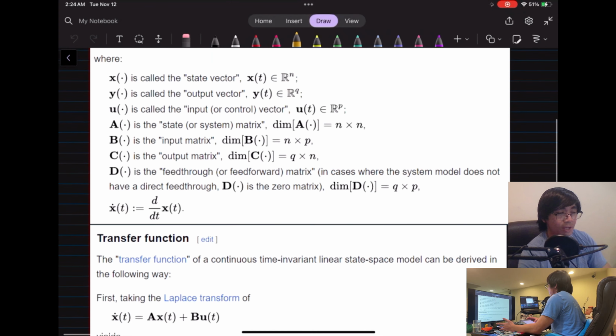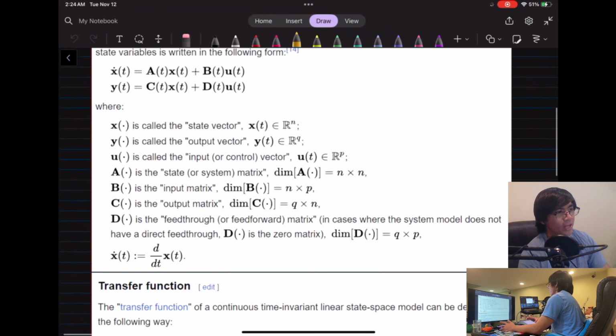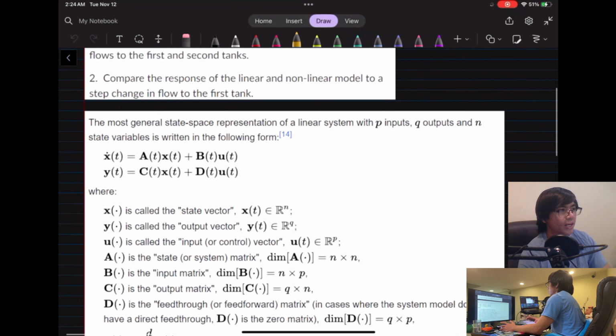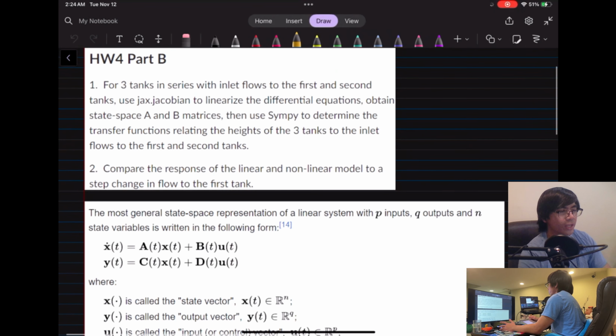This is coming from the Wikipedia page, and I'll go into that in more depth in a little bit. After we grab those sets of data, we'll be relating the third tank height to any changes in the inlet flow of, I believe, the first tank. Oh, also the second tank.